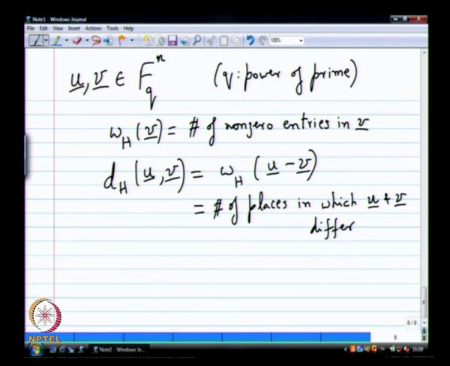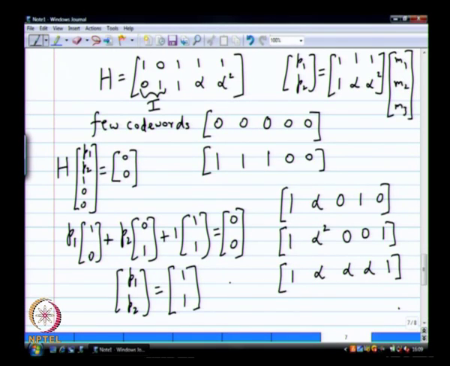Let us go back to these examples and try to answer the question of Hamming weight and the distance between two vectors. The Hamming weight here is 0. What is the Hamming weight of this? 3. So is the Hamming weight here. So is the Hamming weight here. What is the Hamming weight of this? 5. What about the distance between these two? 3, right.